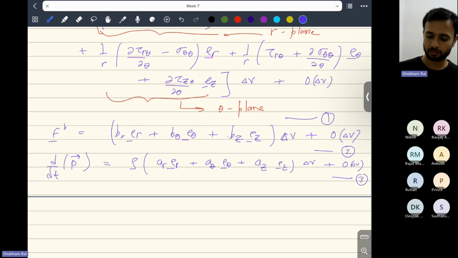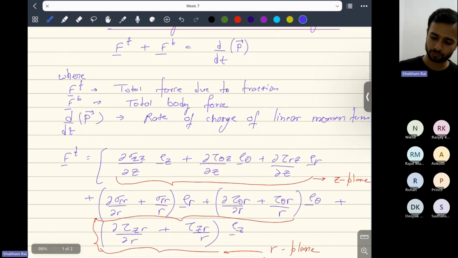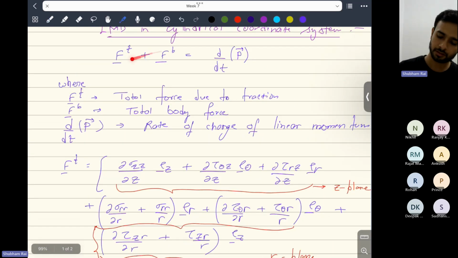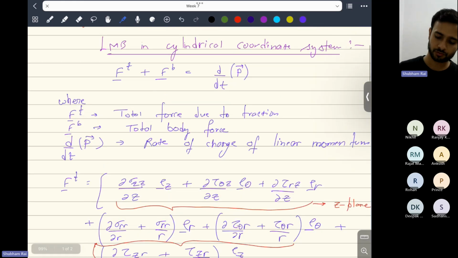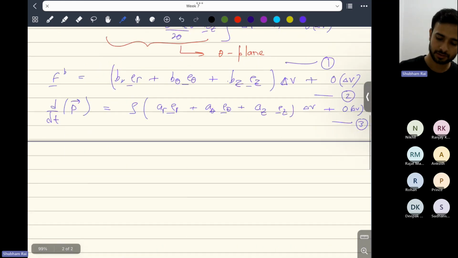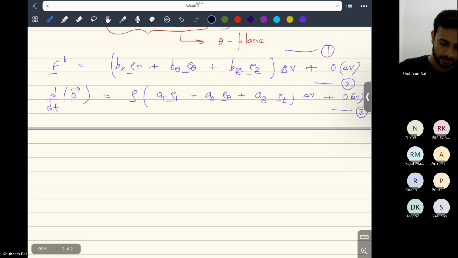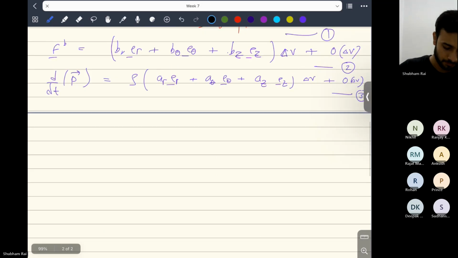Now, if you combine all these terms, equations number 1, 2, 3, and put them in this equation here, you get the final equation of linear momentum balance. I'm just writing the final equation. So I'm writing first the LMB equation in R direction.